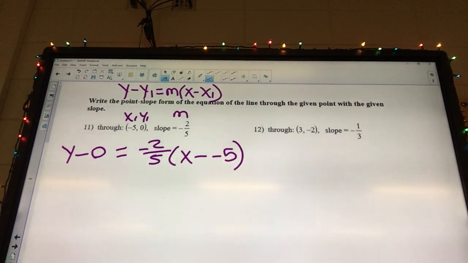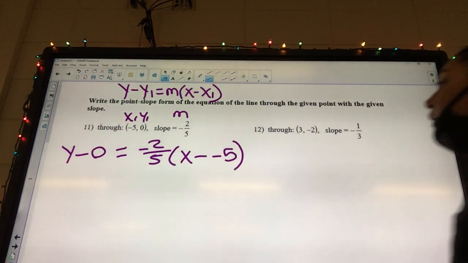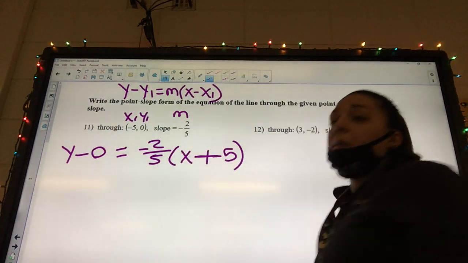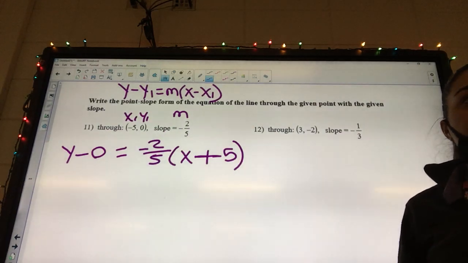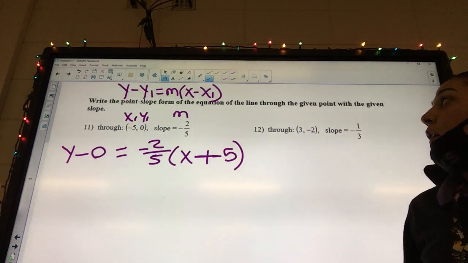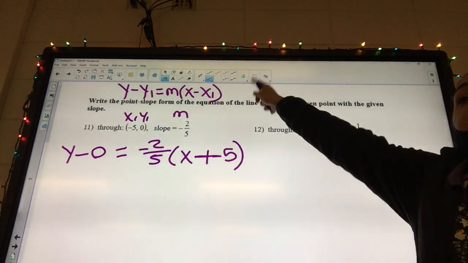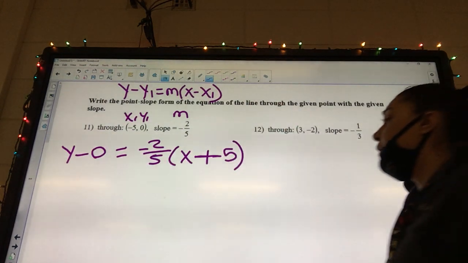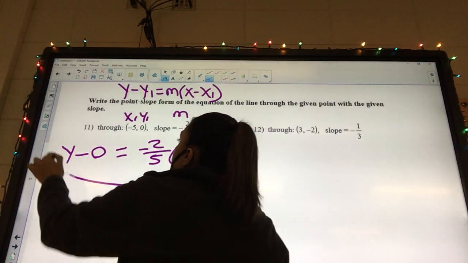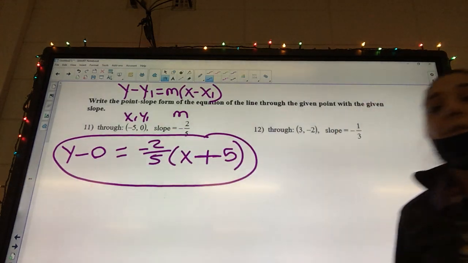Okay, what's a minus minus? Plus. Do we stop? Do we keep going? Stop. Why? Because it matches the thing. Yeah, it matches up here, and so we stop. Up here has parentheses, so down here has parentheses. Okay? And so we can just circle this, we're already done.